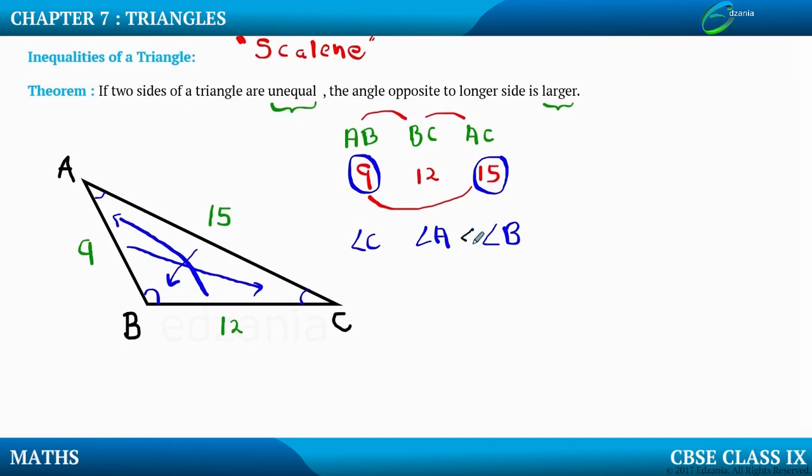That is, angle B is greater than angle A, and angle A lies in the middle, which is greater than angle C. That means we got this angle C as the shortest angle, which is opposite to the shortest side, and we got this angle B, which is the longest angle, which is opposite to the longest side. So indirectly you can remember this theorem as angle opposite to the longer side is larger and angle opposite to the smaller side is smaller.